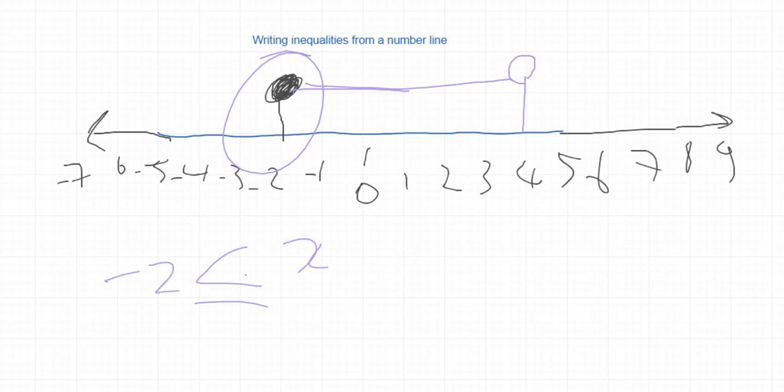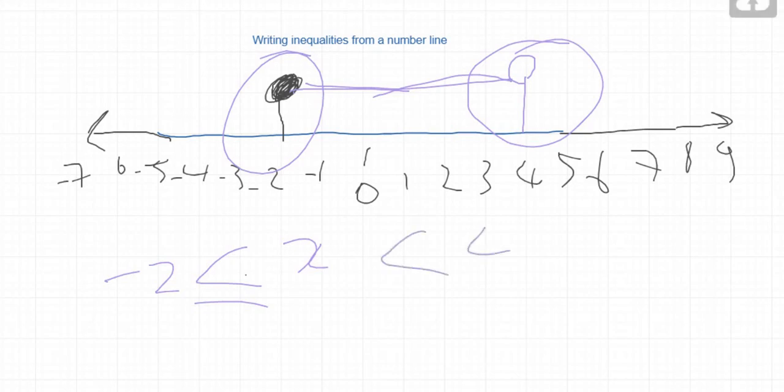And so if we look at the other side. Now it is at 4, it is not closed at 4. And it is heading in that direction, so it is going less than 4. So x must be less than 4. And so this will be the compound inequality that shows the boundary of the solutions.